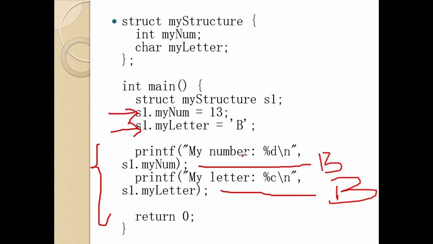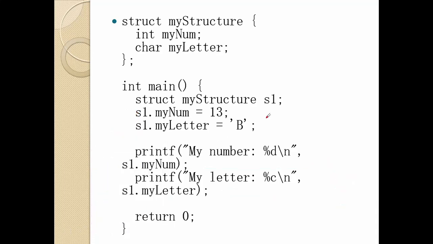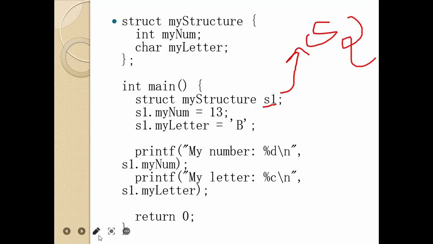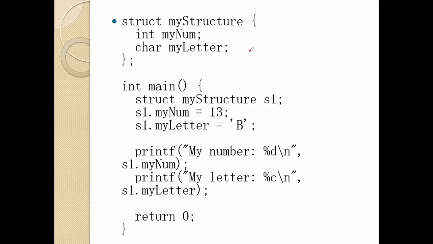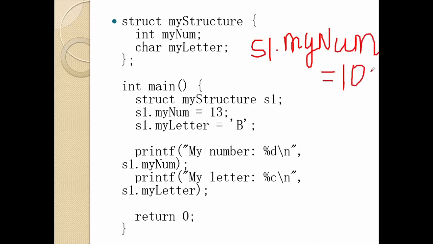So one thing that we need to see here is that we are making one variable only, s1. You might create certain other variables also using the same syntax, struct my structure s2. And if I write over here s1 dot mynum is equal to 10, let us suppose, and if I try to print here s2 dot, we have created a different variable s2 with the same syntax, struct my structure s2.